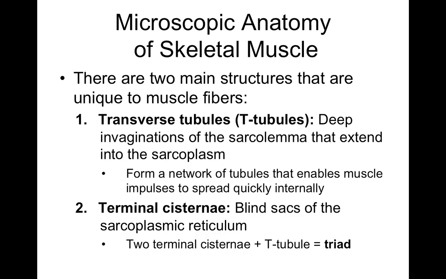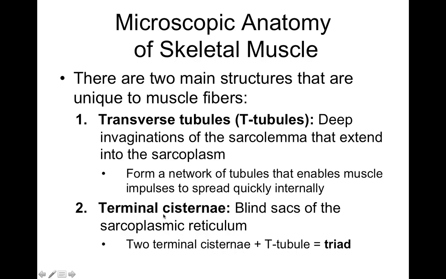Like the ends don't open up into the cell. It's just a big old fold that goes deep into the cell, and it forms a tube of that fold, if that makes sense. We call this a transverse tubule, and the purpose of this is to actually transmit electrical impulses deep into the muscle cell, because electrical impulses are necessary for the muscle cell to contract.